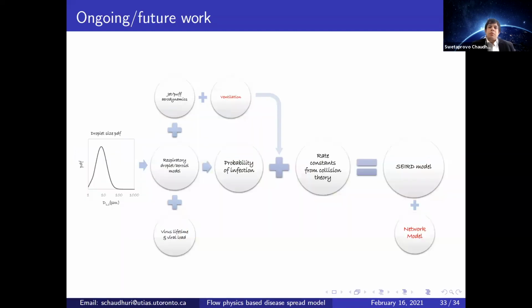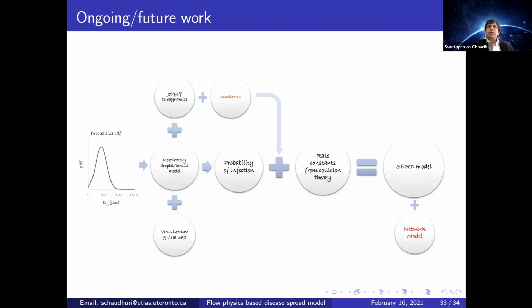So what can we do next? We can, of course, make these individual submodels much more rigorous. We can validate them further with experiments. We can add new modules in the form of ventilation, which we have not considered. But more importantly, this SEIRD model is developed for one particular location.